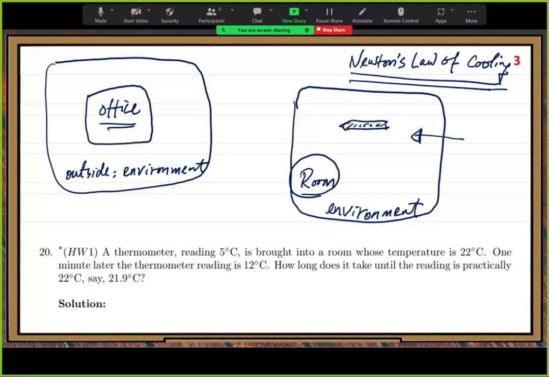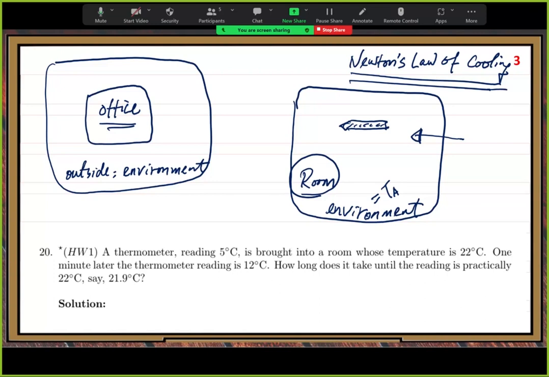Now, when you apply Newton's law, you set the room temperature as TA. TA is the environment temperature, right? And this TA is higher than the thermometer temperature.